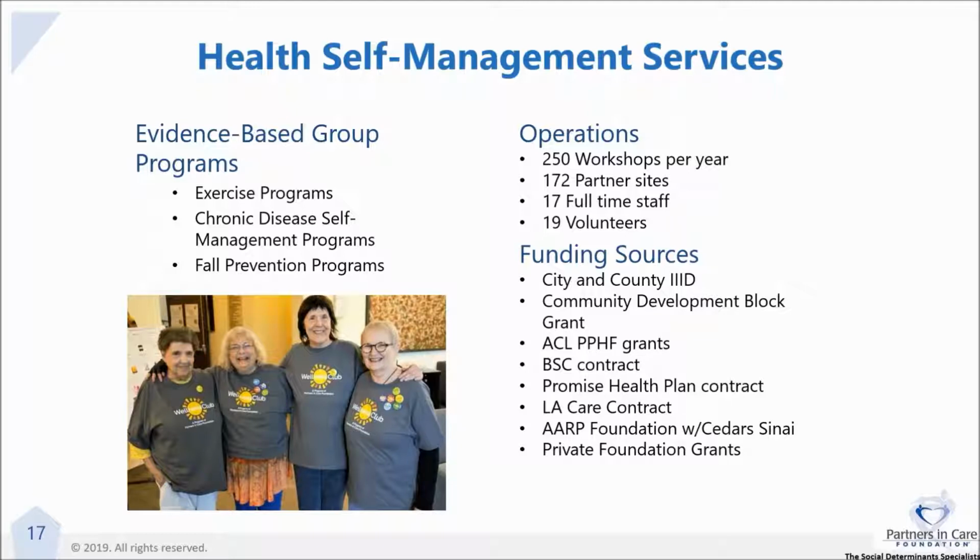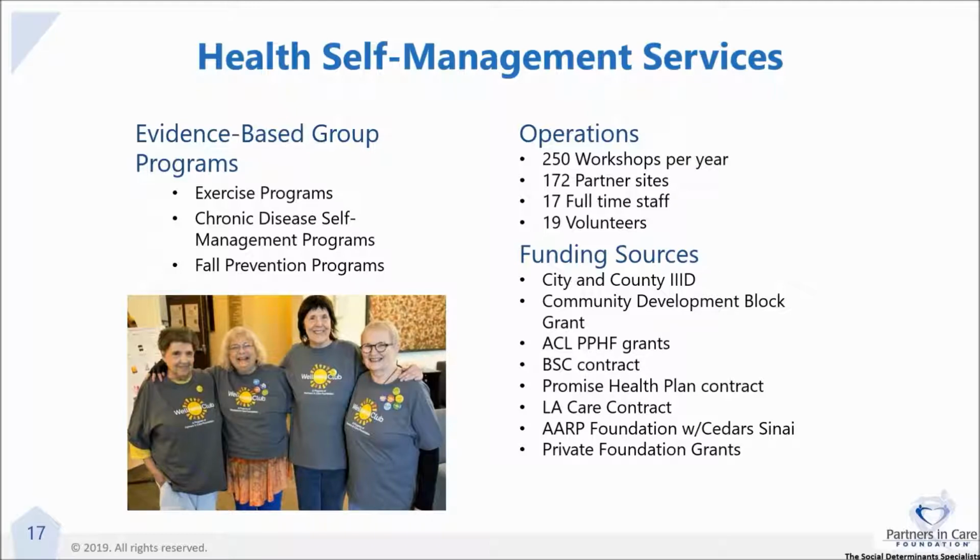We've been working really hard on our volunteer program so that we can increase our spread of the programs without adding additional cost. All of these programs are primarily funded by taxpayer dollars. So we have Older Americans Act Title III-D dollars from the city and the county of Los Angeles.